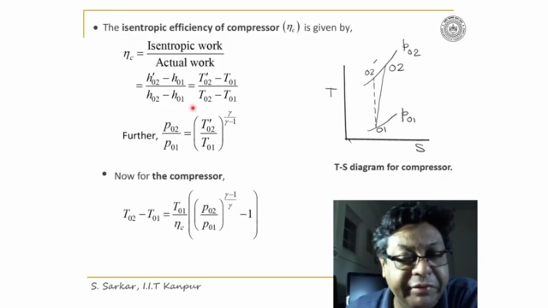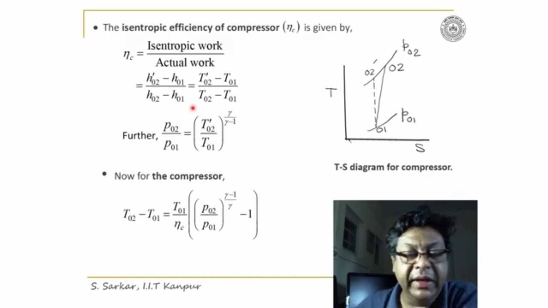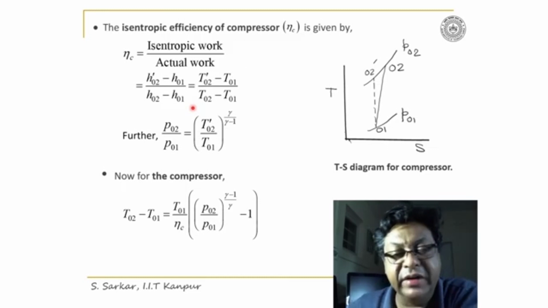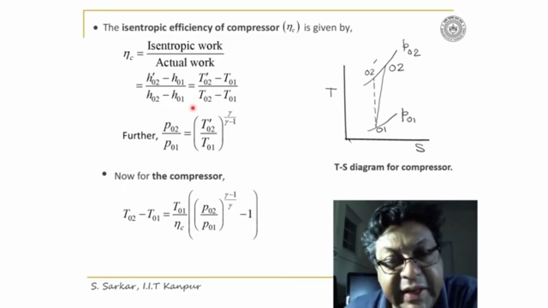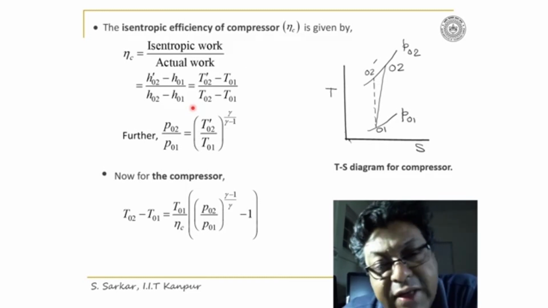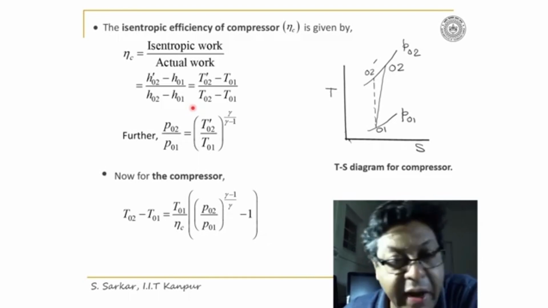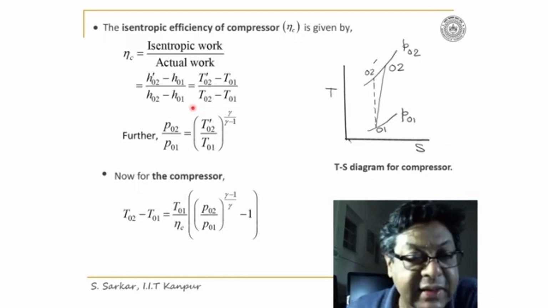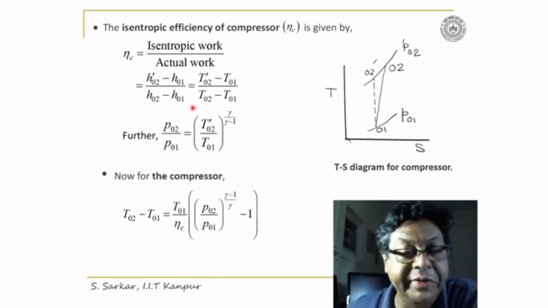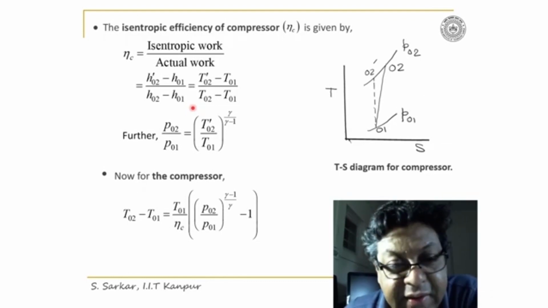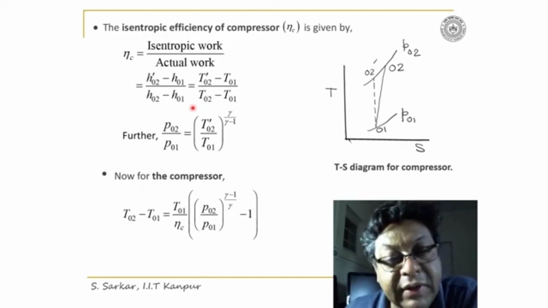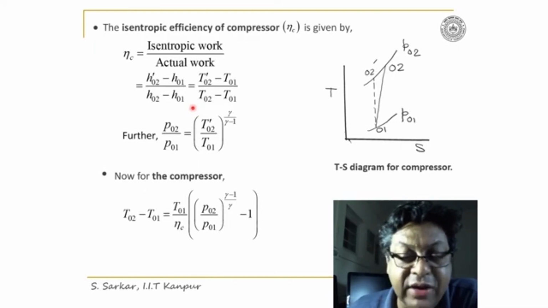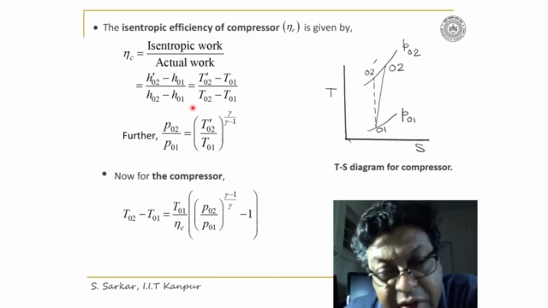That is equal to, if we consider Cp remains constant, not a function of temperature, then T02 dash minus T01 divided by T02 minus T01. Thus, isentropic efficiency of a compressor is equal to the ratio of isentropic temperature rise by actual temperature rise.